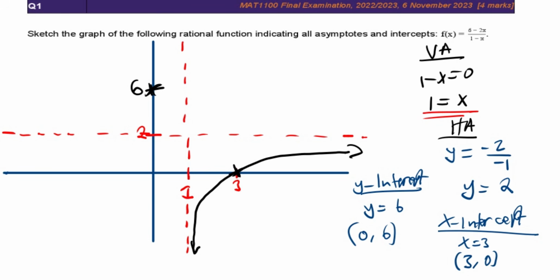Then even here, it will start from here, touching the asymptote and going this side. You put arrows because you don't know where it is going. So this is the graph of the question that we have. I hope you have learned something and you can actually answer a lot of questions by yourself.